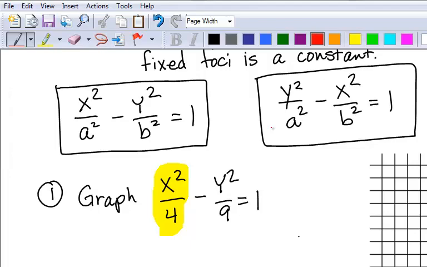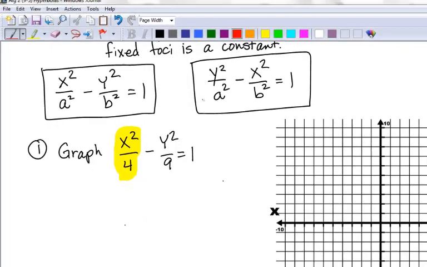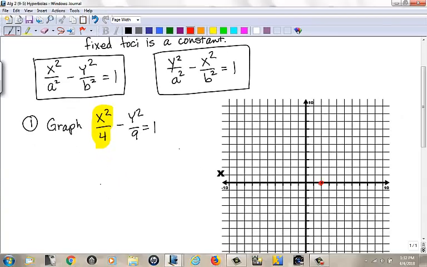You take the square root of the number below, and it's 2 and negative 2. So on the x, go out 2 and negative 2, and just plot a point. Then look at this term that tells you on the y, take the square root of the bottom number, 3 and negative 3. So on the y, go up 3 and down 3.